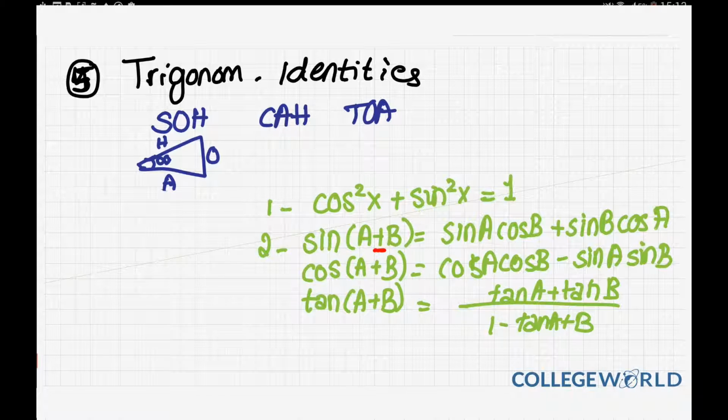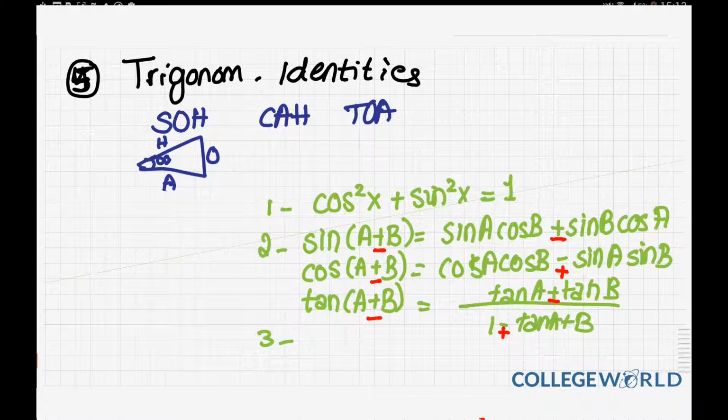Instead of plus, you're going to have minus for sine, and for cosine, instead of minus, you're going to have a plus, and for tangent, you're going to have a minus in the numerator and a plus in the denominator. It's just switching signs really. Those would be your first 7 identities.